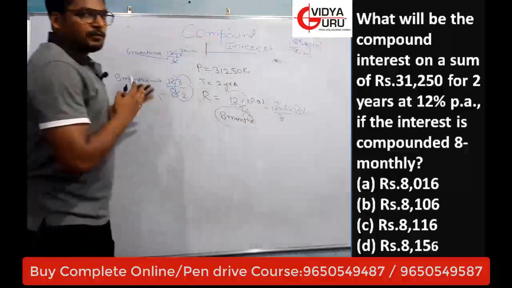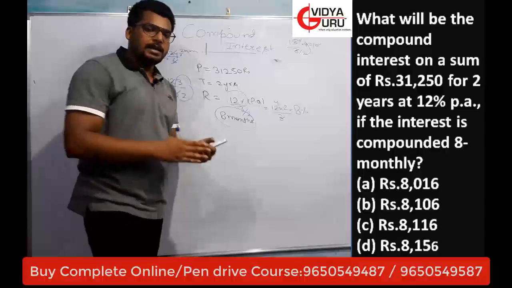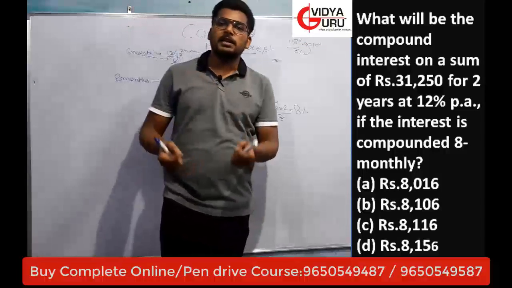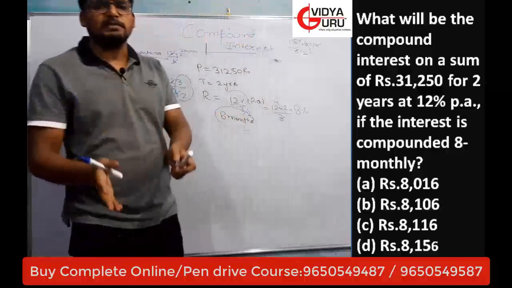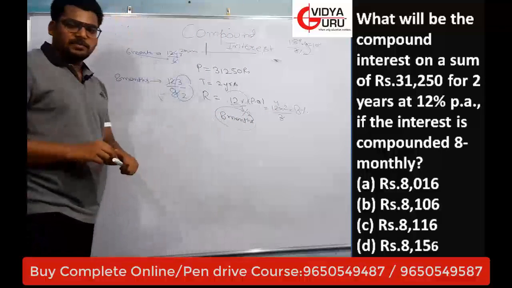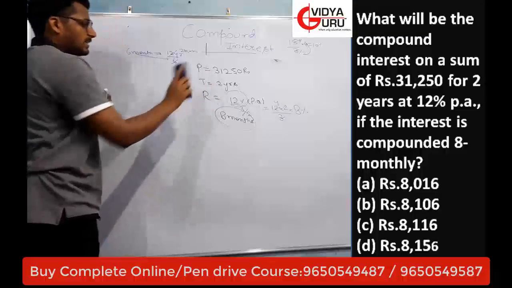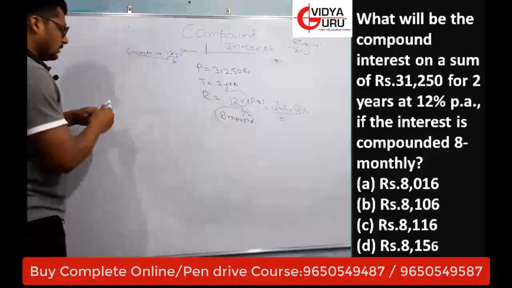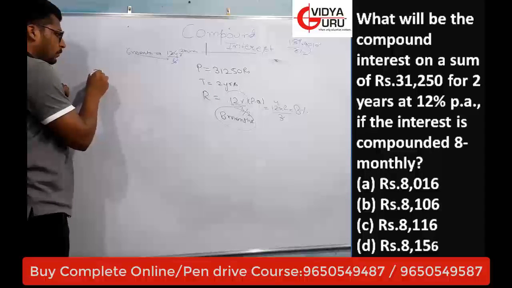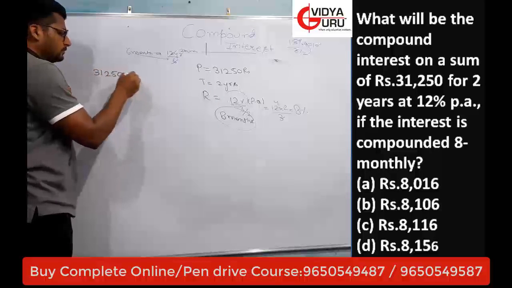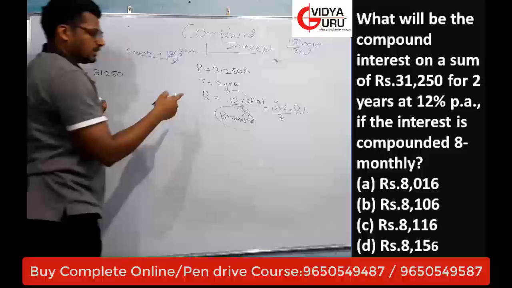So like this we can find the rate for any condition. If interest is calculated monthly, in 2 months, 5 months, 10 months, 7 months, whatever the question gives. So what is the rate? 8%. And the question is asking for 2 years. Now, 31250. Rate is now 8% for 8 months.